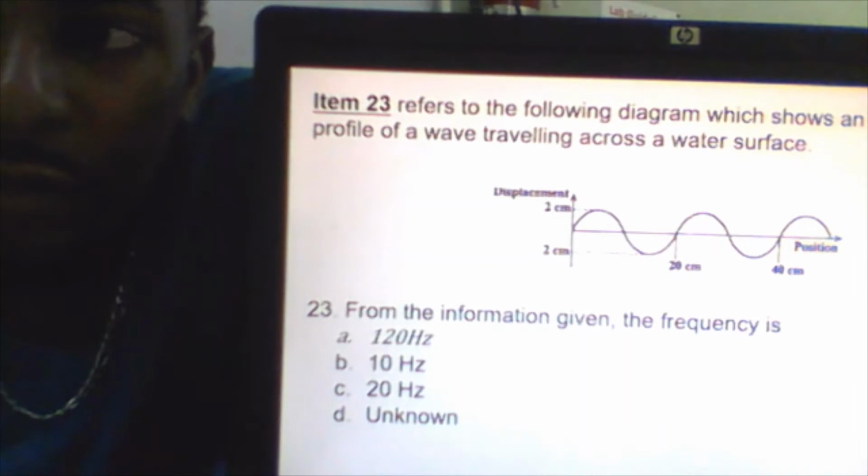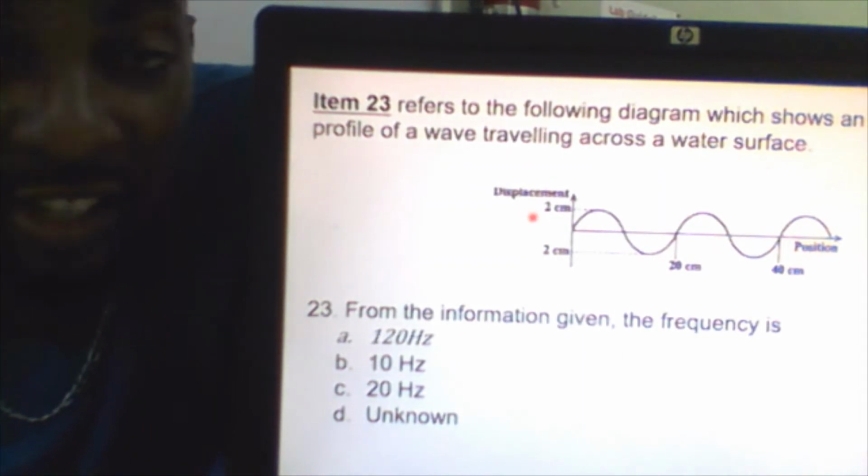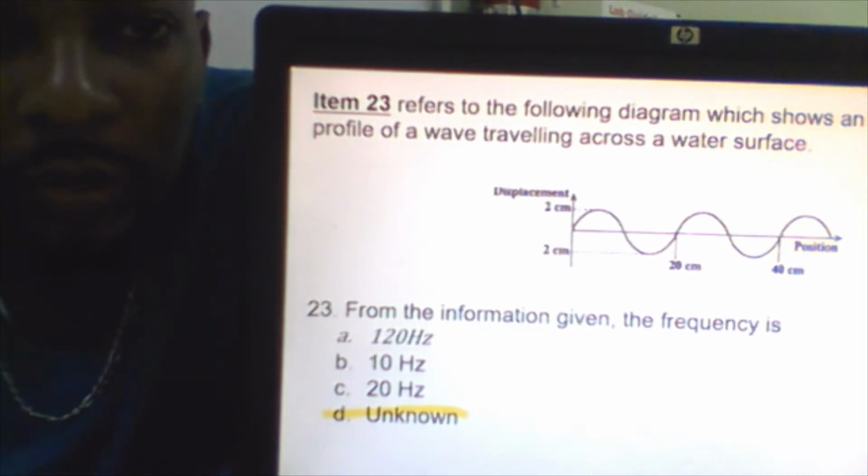So because it doesn't give you any time frame, it cannot give you the frequency nor the period. So therefore, the answer for this question is going to be D. It's unknown. There's no way you can determine the frequency here.